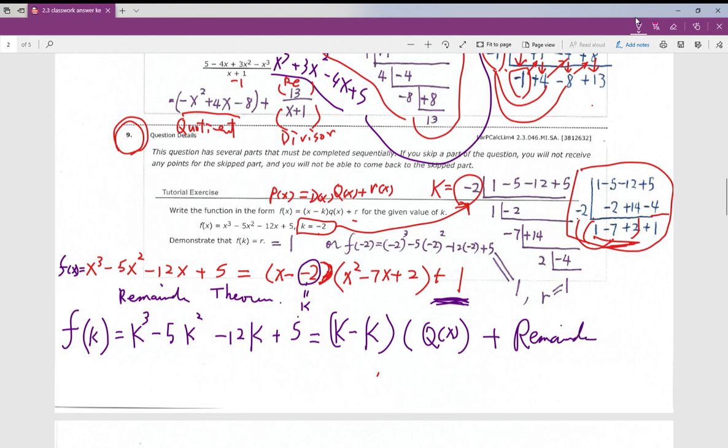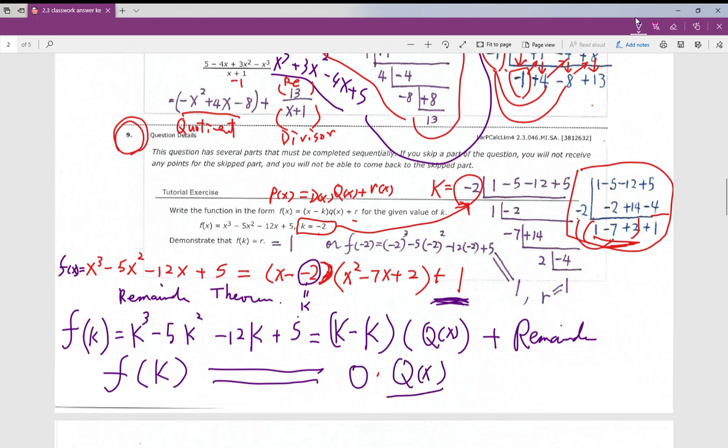Make sense? Okay. So basically, the remainder theorem is telling you, if you input the k into the function, you are going to have 0 times the quotient. So you don't even have to find the quotient, because 0 times the quotient is nothing. And the only thing you have is the remainder.